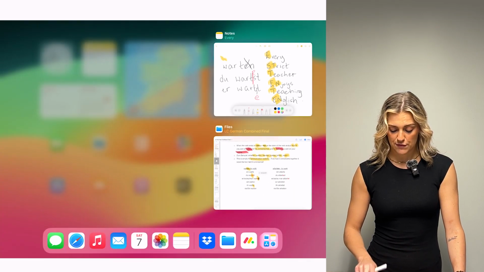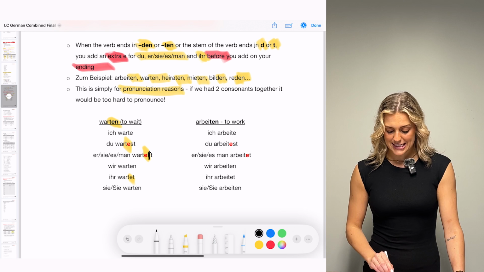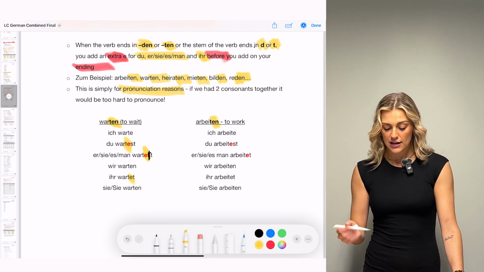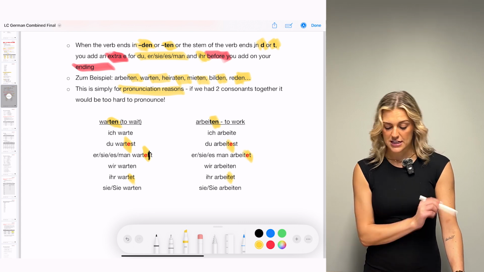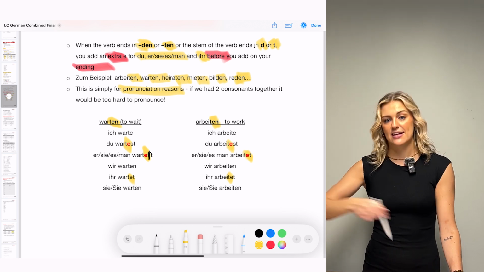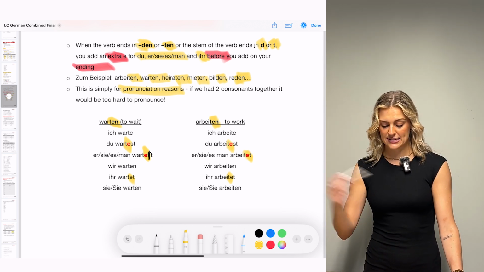And again, it's simply for pronunciation reasons, all right? Same thing with arbeiten. Arbeiten is the verb to work, ends in ten. So for du, sie, es, man, and ihr, I add in an extra e, okay? Ich arbeite, du arbeitest, sie, es, man, arbeitet, wir arbeiten, ihr arbeitet, sie arbeiten.